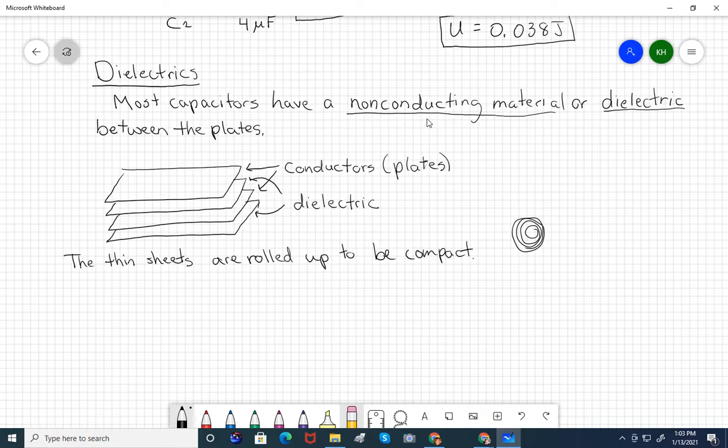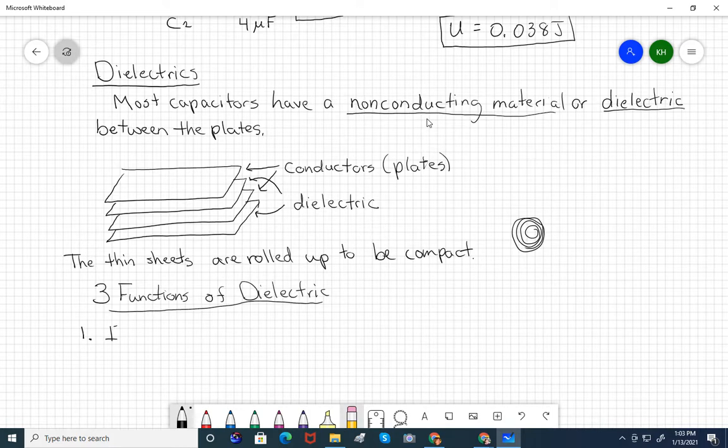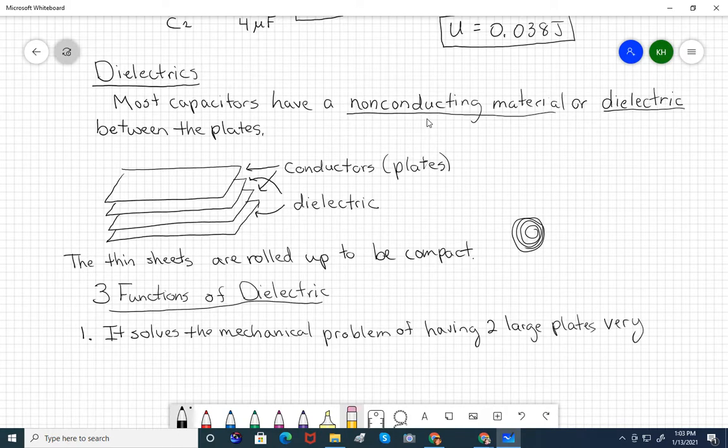So what is the function of a dielectric? Well, first of all, it solves the mechanical problem of having two large plates very close together but not touching.